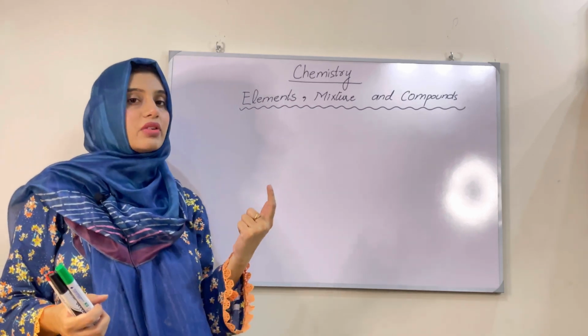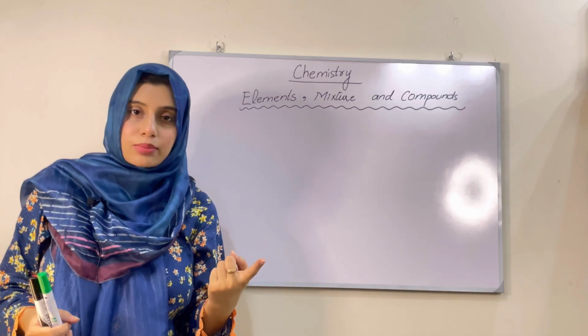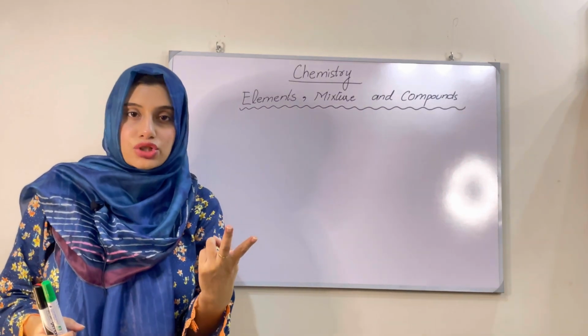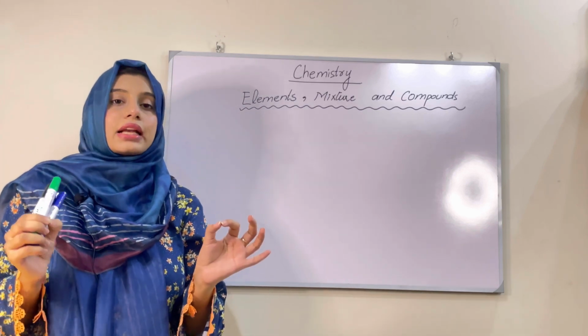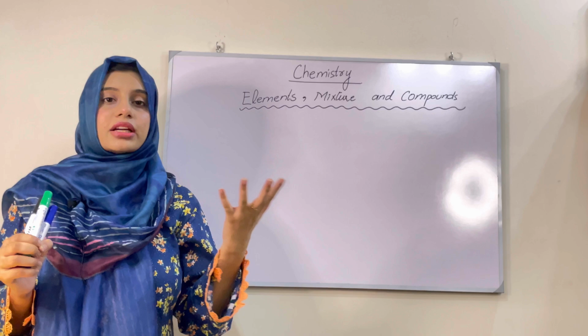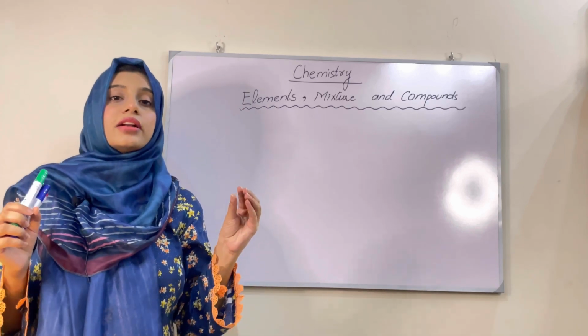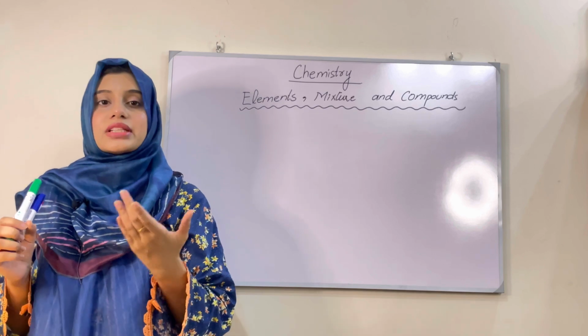In the previous lecture I told you about elements, their sequence in the periodic table, their classification on the basis of position in the periodic table, and classification on the basis of properties of elements. We had metals, metalloids, non-metals. We had classification on the basis of states of matter like solids, liquids and gases.